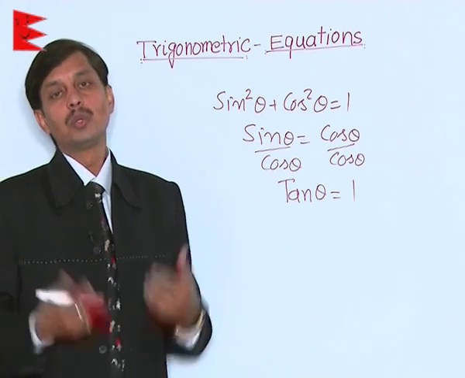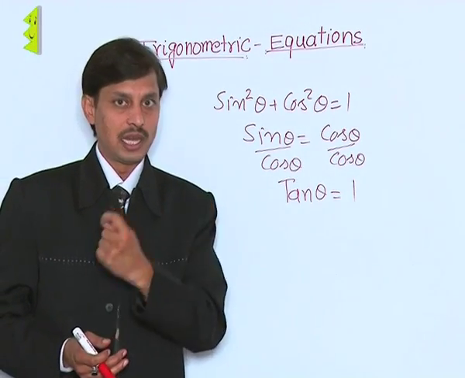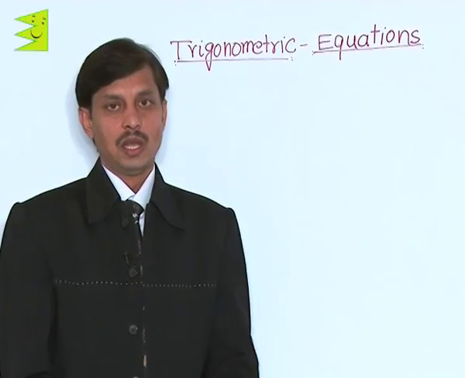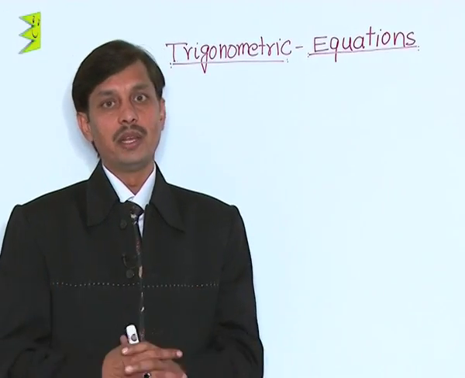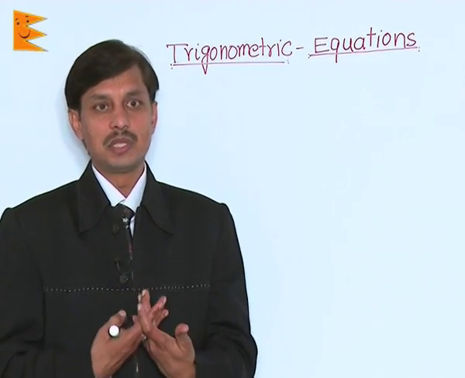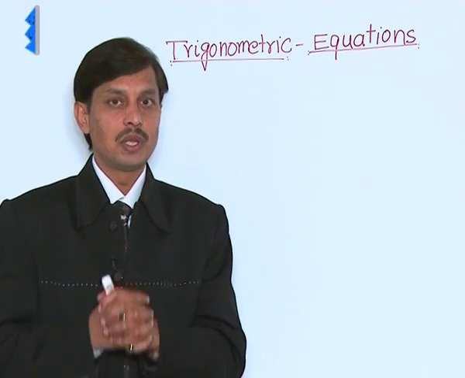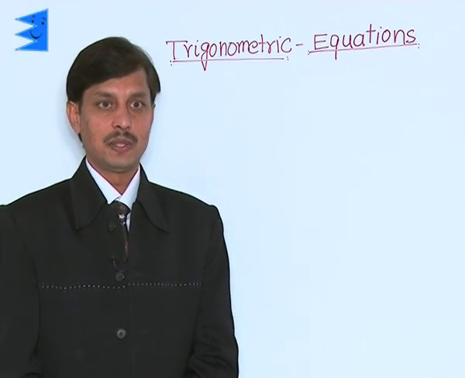Now, how to solve a trigonometric equation? All required results I will discuss with you. What are the required results? That is, what are the formulae at this level of CBSE which are required to solve problems related to trigonometric equations?